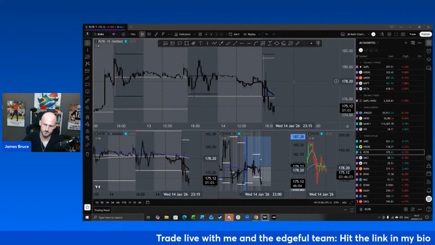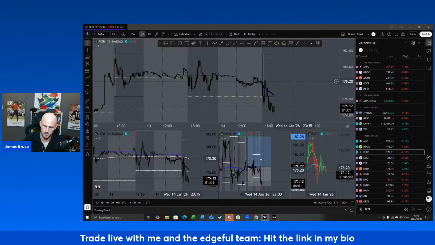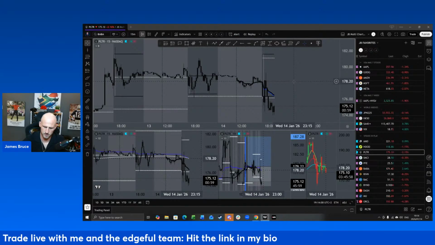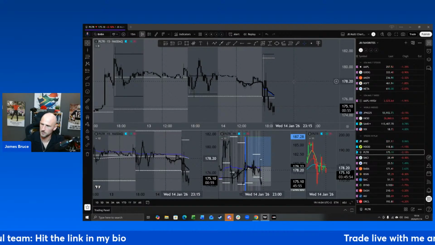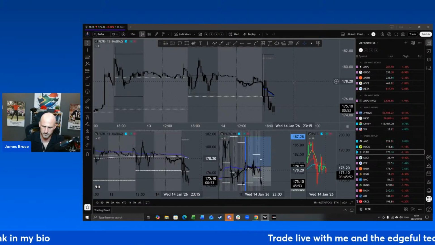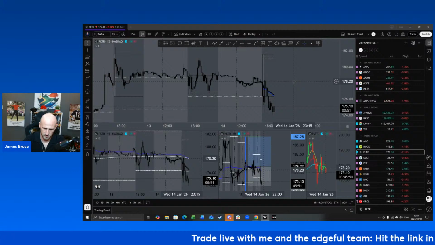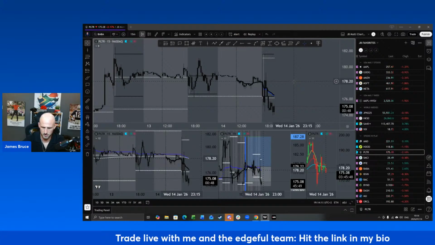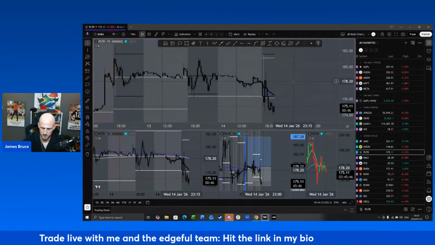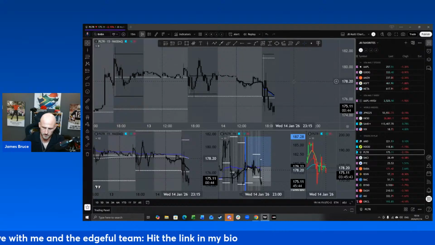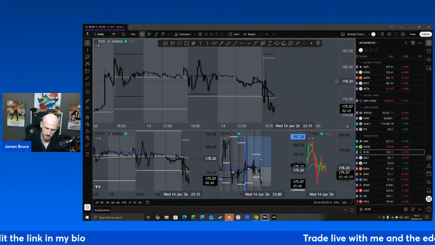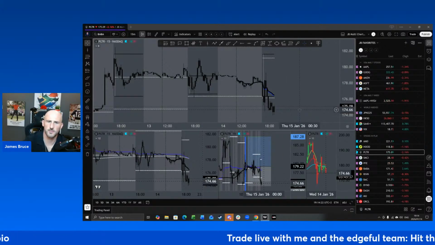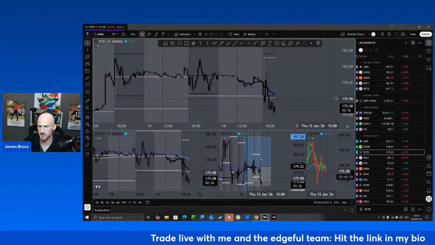But let's see. Any thoughts, any questions in the chat, let me know. But yeah, we can even see Palantir bottoming out here.